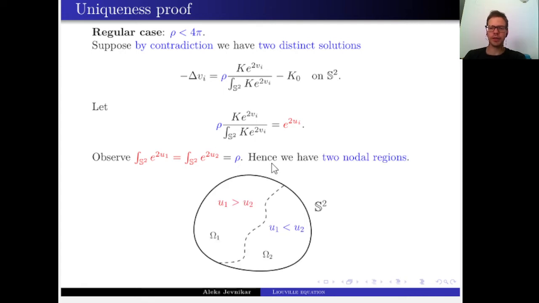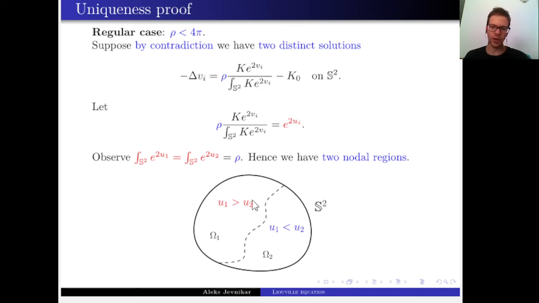Since they are different and they have the same integral, you need to have at least two nodal regions. Roughly, the picture is like this. You have two nodal regions.